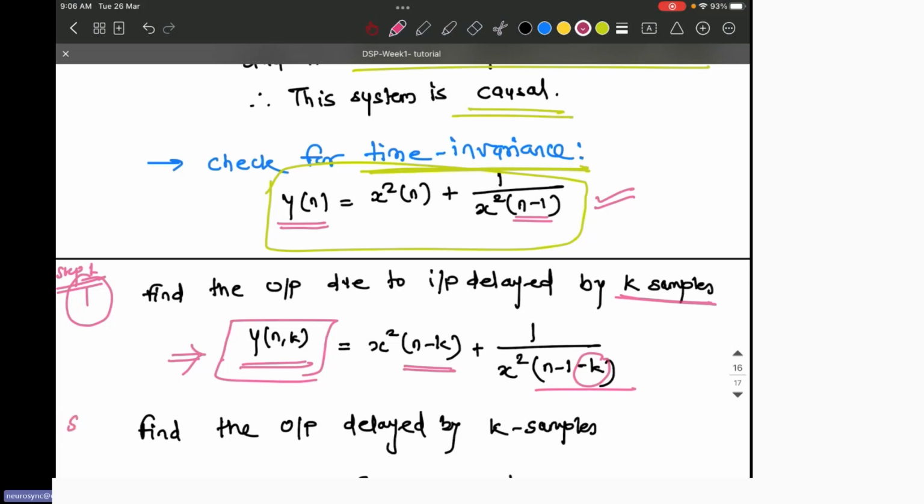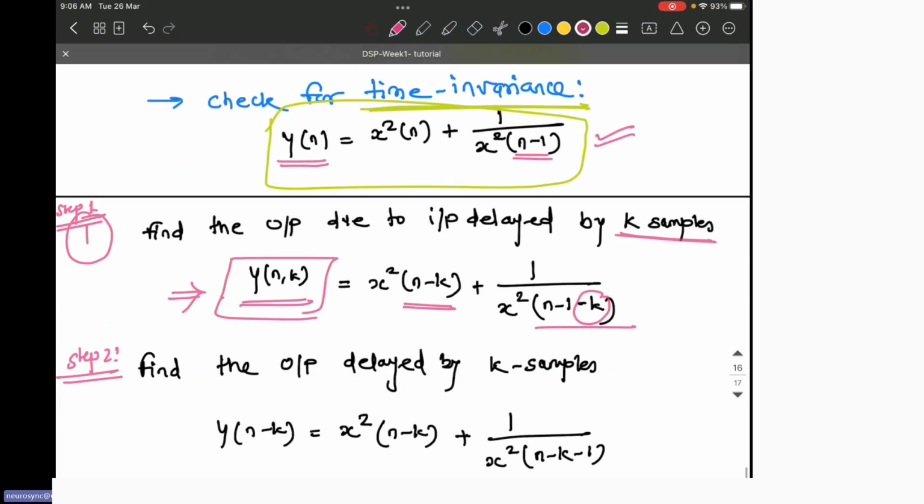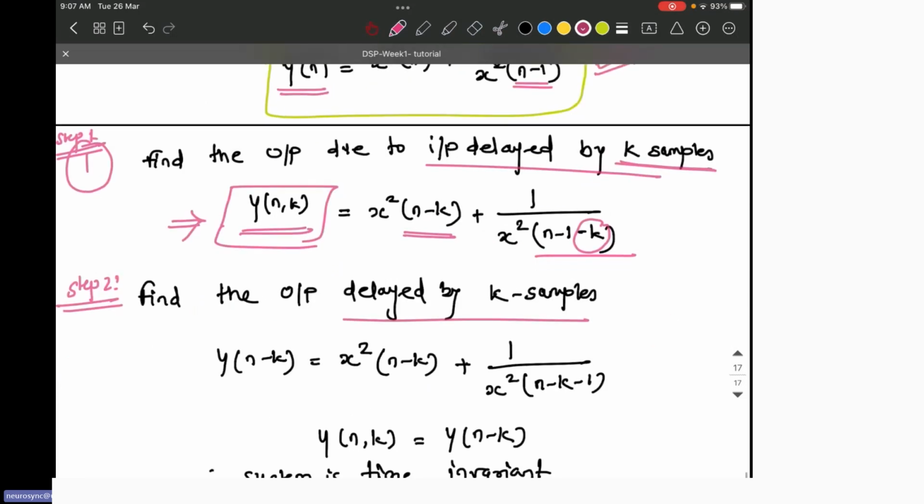Now step number 2 is to find the output delayed by k samples. Here we have found out the output due to input delayed by the k samples. Now in this case, you just need to find the output delayed by the k samples.